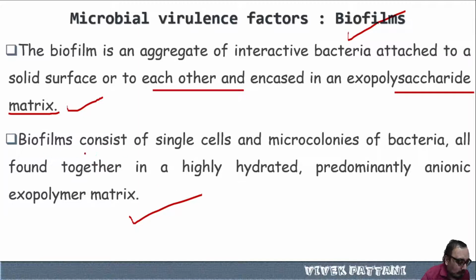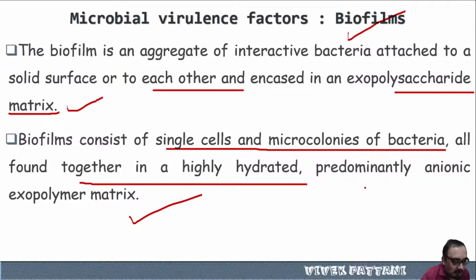Biofilms consist of single cells and microcolonies of bacteria all found together in a highly hydrated and predominantly anionic exopolymer matrix. This is distinct from planktonic or free-living bacterial growth, in which such interactions of the microbes do not occur. So biofilms form a slimy coat on solid surfaces and occur throughout nature.